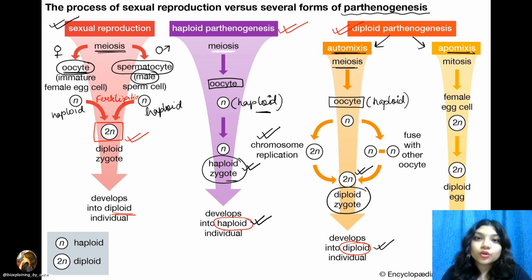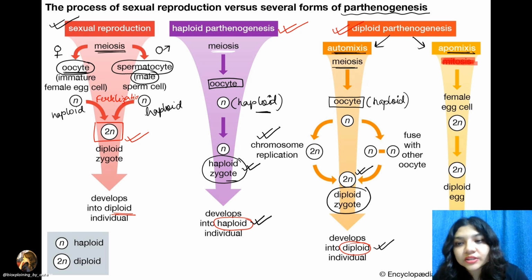ये गया automixis. Apomixis या apomixis, whatever you might pronounce. Apomixis is first there will be mitosis. Very carefully note करो, difference है यहाँ पे. First, what is happening? Mitosis. In all these cases क्या देखा हम लोगों ने? Meiosis, meiosis, meiosis. So what are you seeing now? Mitosis is happening. And mitosis is happening, so the female egg cell which is present, ये diploid है.